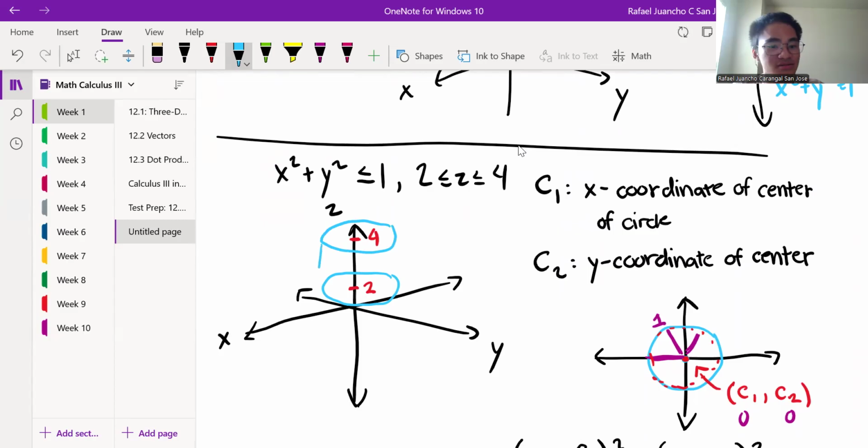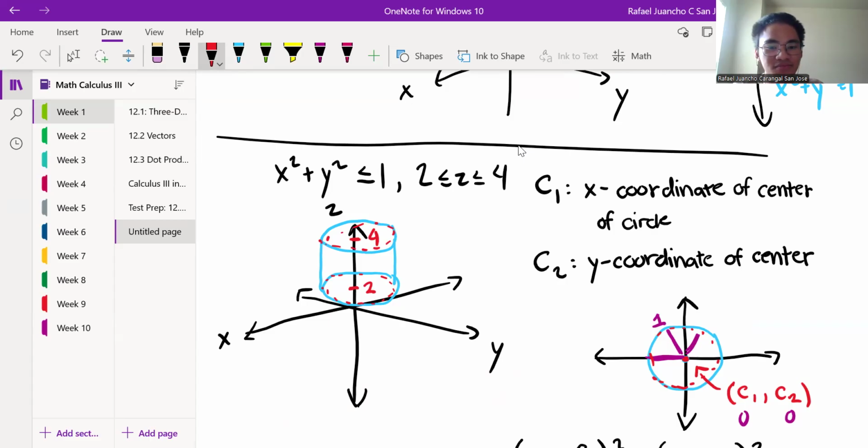And now it's like a cylinder, because we include even z equals 3, z equals 3.5. We include all that. So now it's not a box, it's a cylinder.